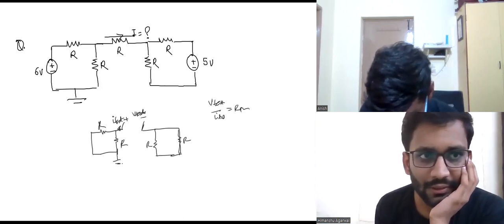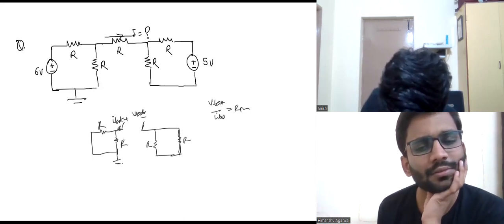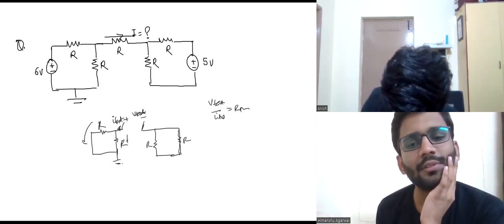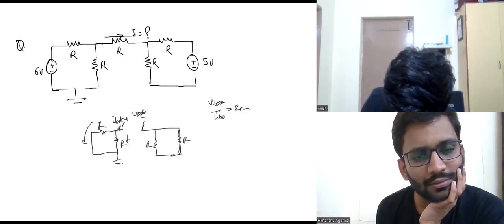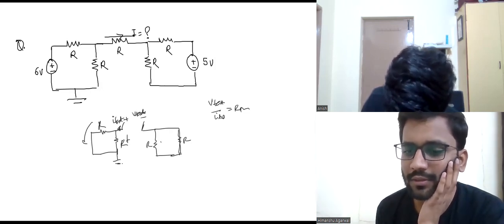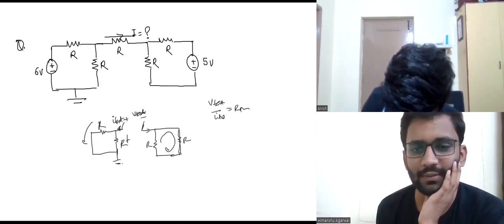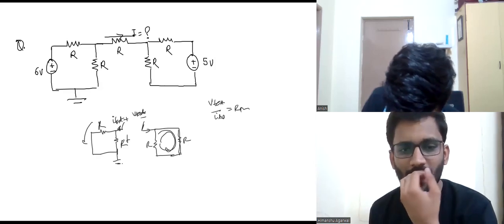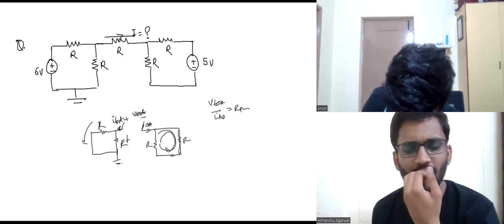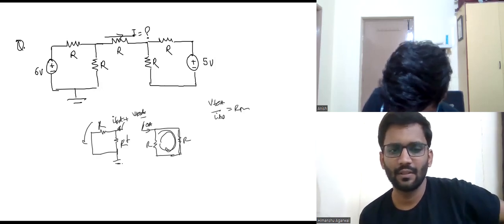So here we're providing one V test, so this I test is dividing into these 2 parts. Here this is a loop, right? So no current is flowing through this, because this is a loop. So the current through this is 0 amps. So if this is 0 amps, the current leaving through this V test will be 0, right?